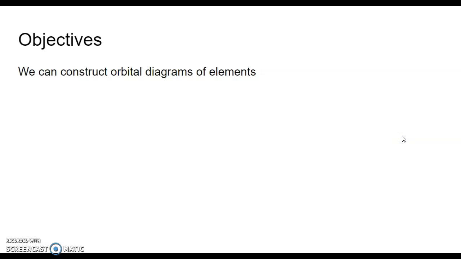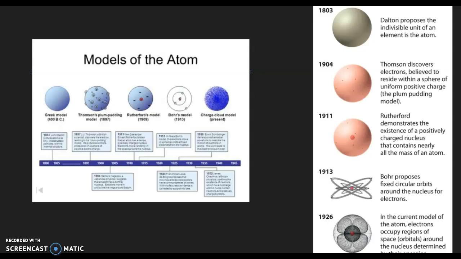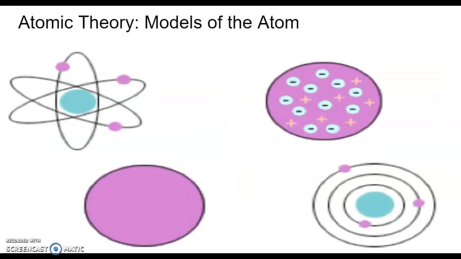Today we're going to construct orbital diagrams of elements. Now, each element has a discrete number of electrons, which means that they're going to have a specific orbital diagram. So all orbital diagrams are another way to show a model of the atom.